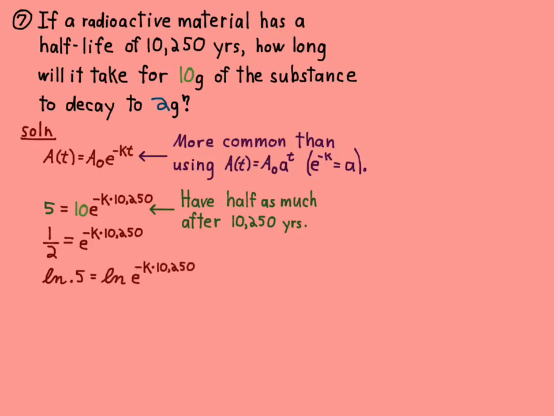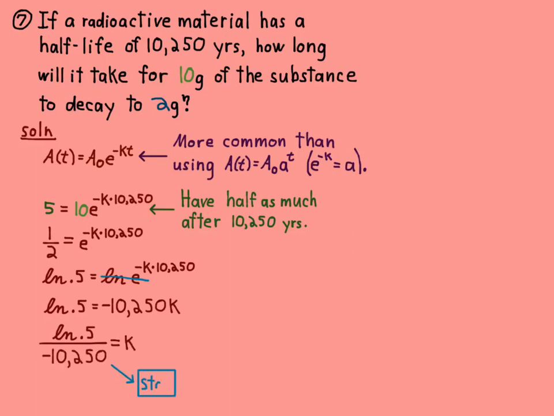I did ln of both sides to get rid of the e on the right-hand side. And I get ln of 0.5 equals negative 10,250k. And you divide that out. And I just stored that in memory.